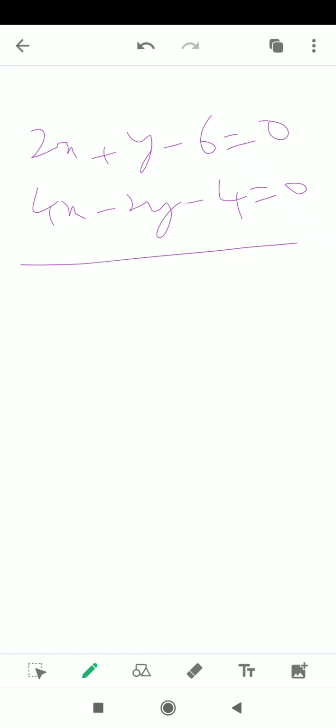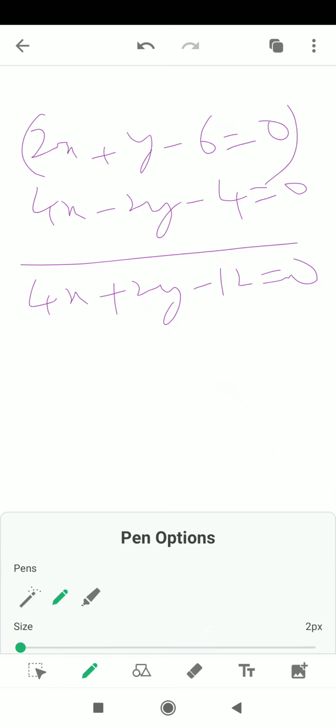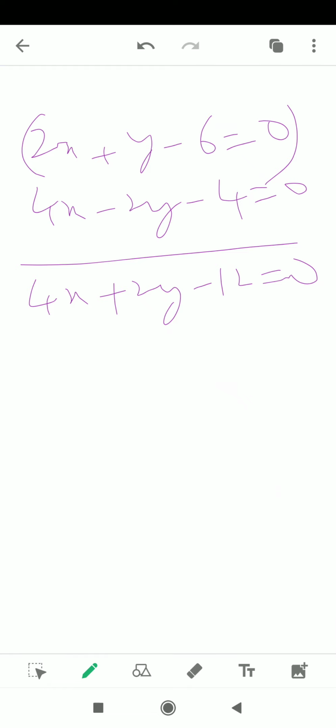Now if I multiply the above one with 2, I will get 4x plus 2y minus 12. I am multiplying this with 2. So it will be 4x and 2y minus 12.